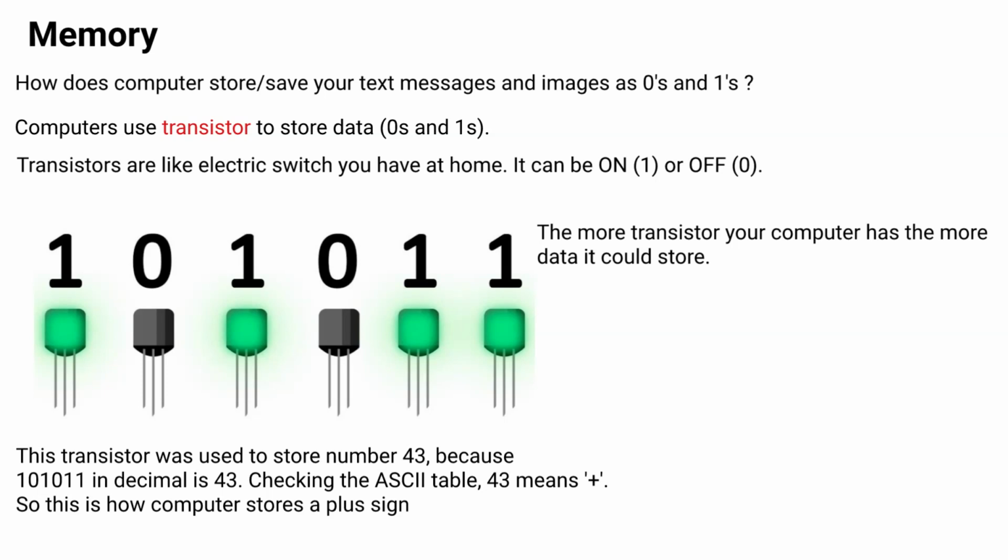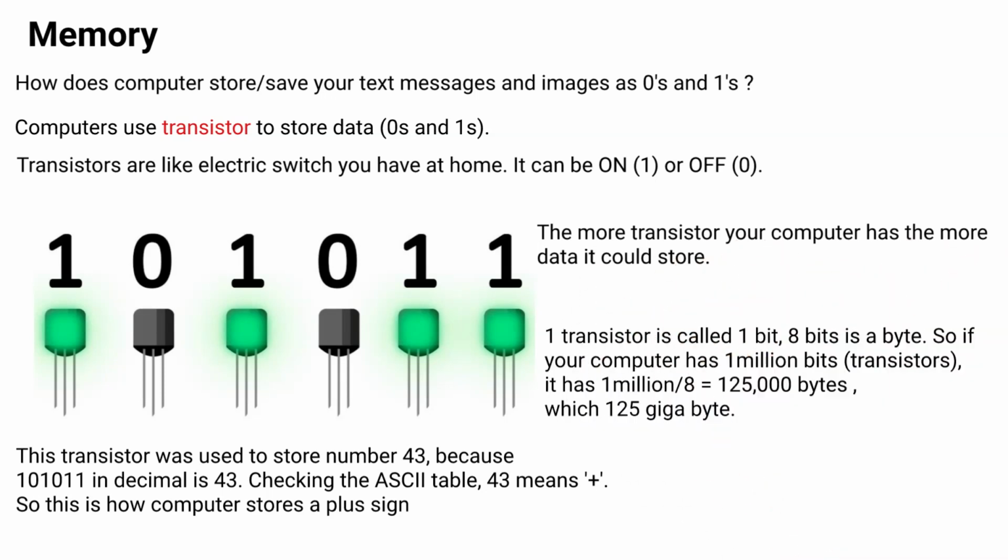These transistors were used to store 43. If you convert the binary value of this to decimal, it's going to be 43. So this is how the computer represents information. The more transistors that you have, the more data that you can store, right? And this is how the conversion happens. You can pause the video to look at it.